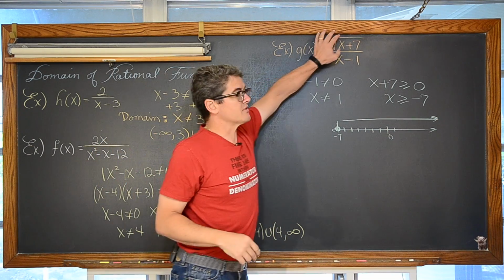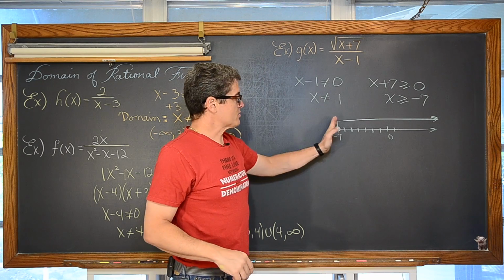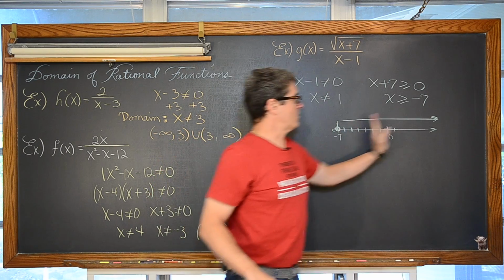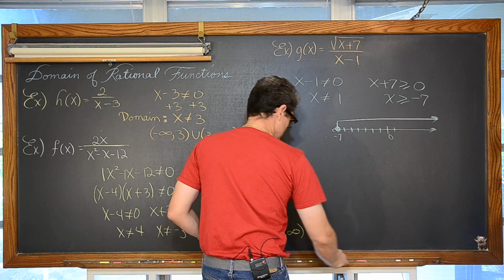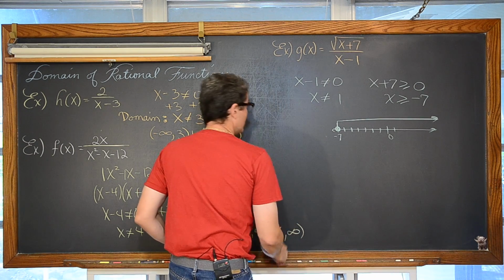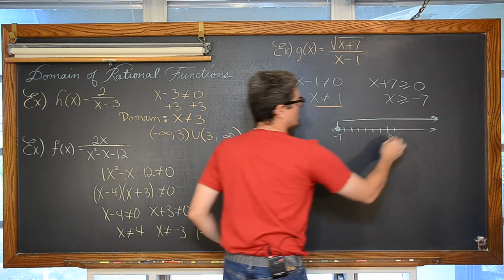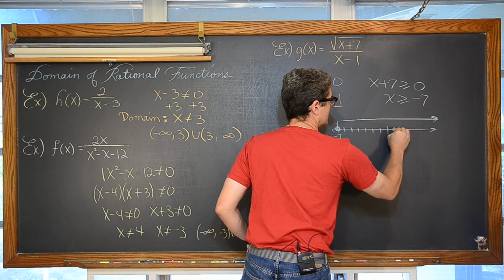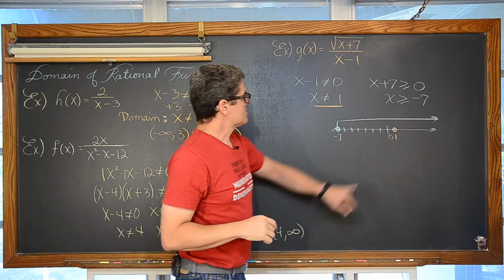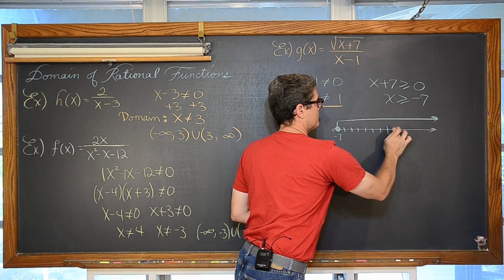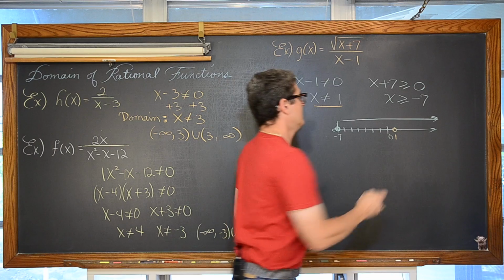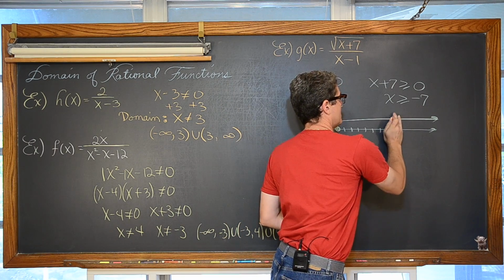That square root is going to give us a real solution as long as we plug in a number that is negative 7 or larger, except when we get to 1. When you come over here, you go, hey, wait a minute, we can't divide by 0. So while this green inequality graph is good for the square root, it's not good for the denominator.